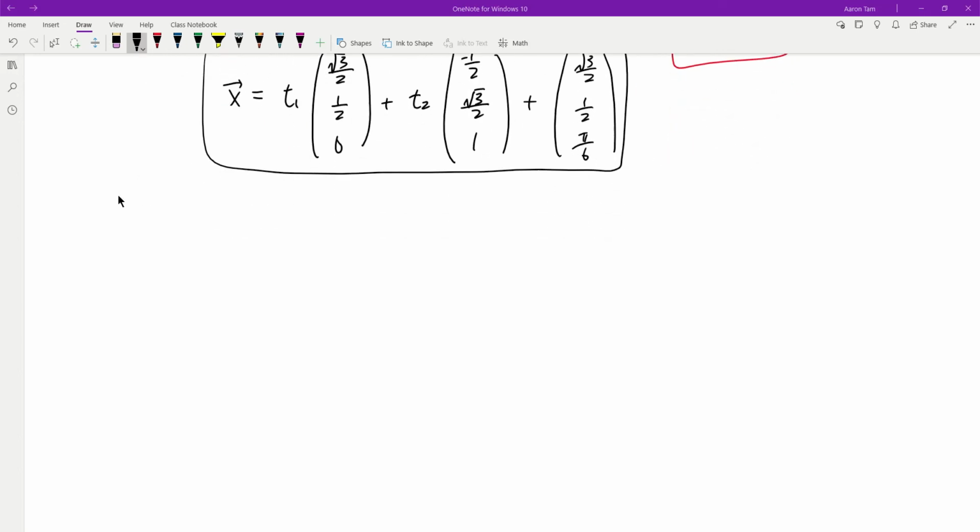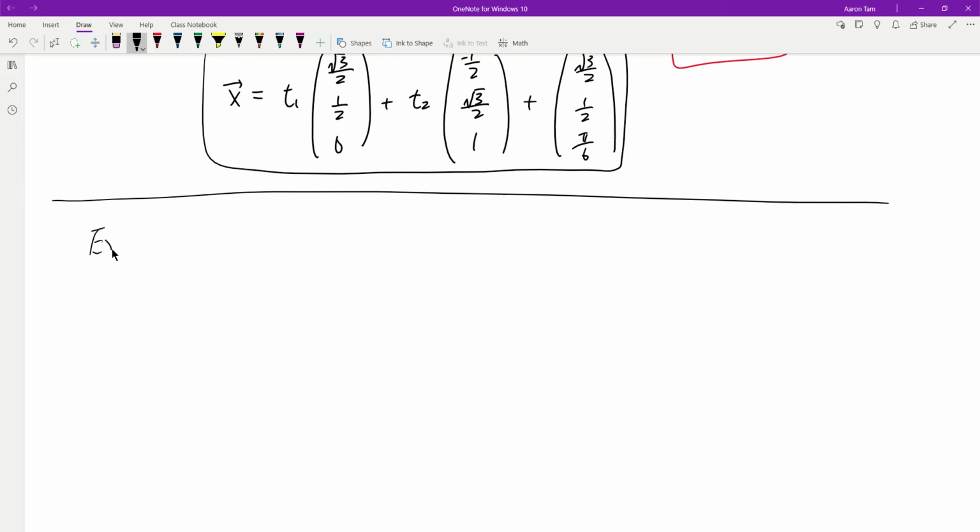Now let's try another example. Let's try this one. Let's say we have f of (u, v) equal to (u squared v, u v squared, u squared plus v squared). Once again, this forms a surface.